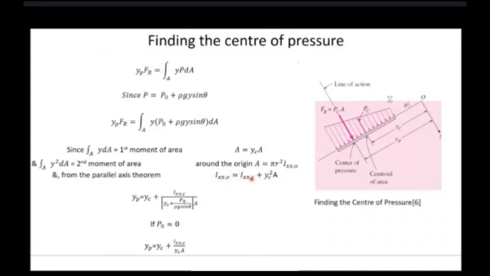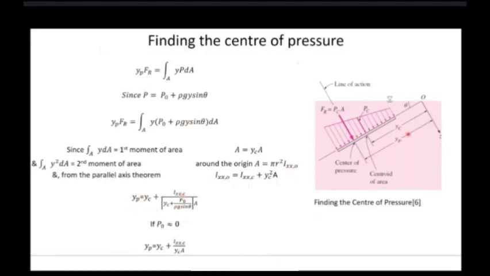So second moment of area of the centroid plus y squared A equals the second moment of area around our origin. So therefore, if we plug that into there, rearrange it, we can calculate this distance yp.